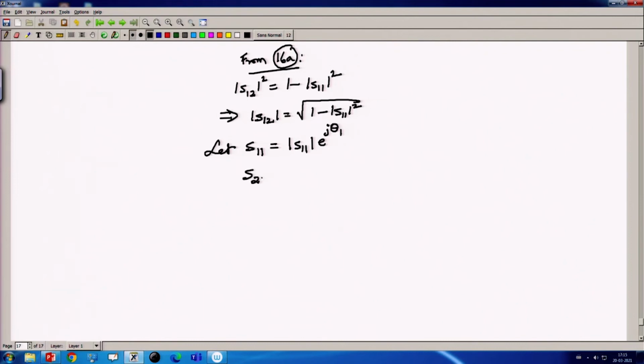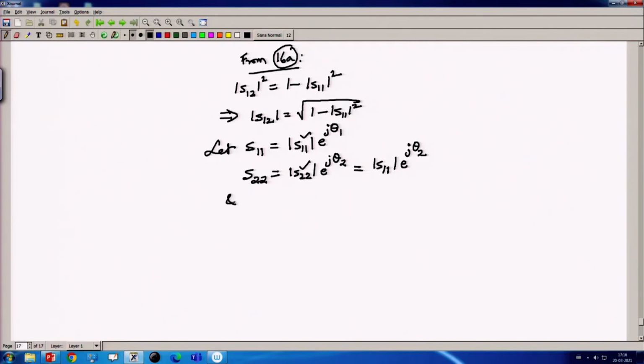And S22 equal to, but because S11 and S22 their magnitudes are the same, we can write this as mod S11 e to the power j theta 2.